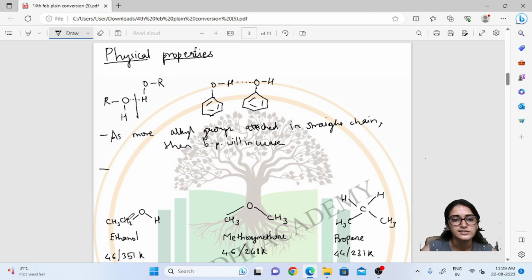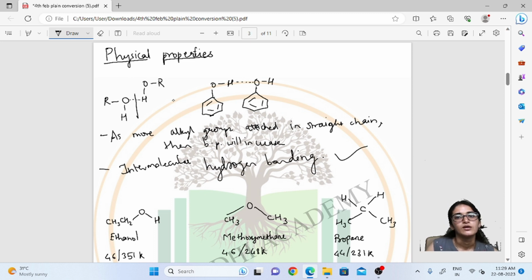So the most important factor which affects the boiling point is intermolecular hydrogen bonding.